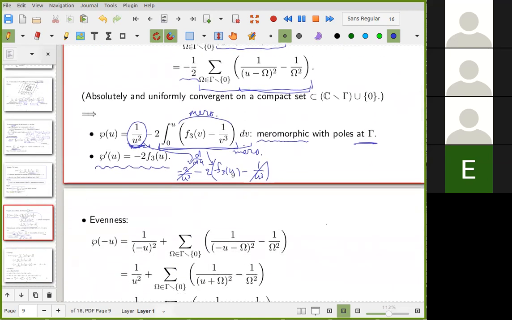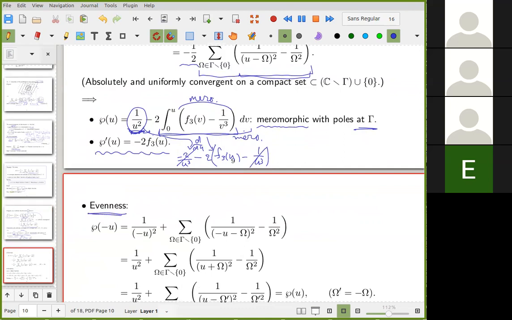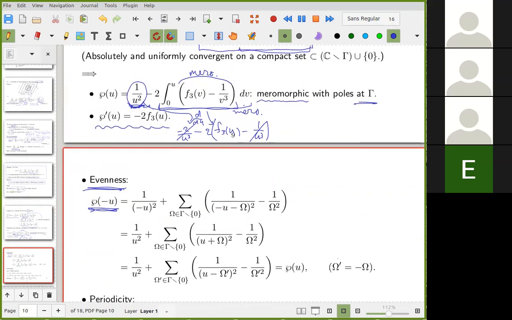So we want to prove the double periodicity, but before that, let's prove the evenness, the parity, that P of minus U is equal to P of U. This can be proved again by changing the integration and summation order.